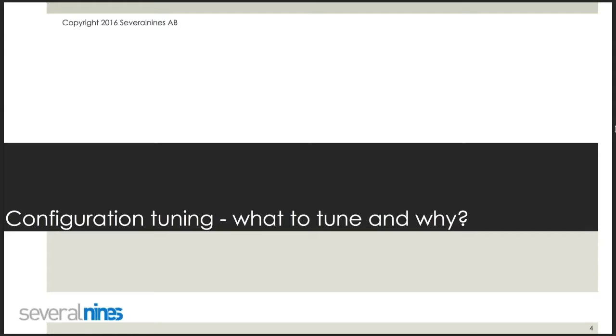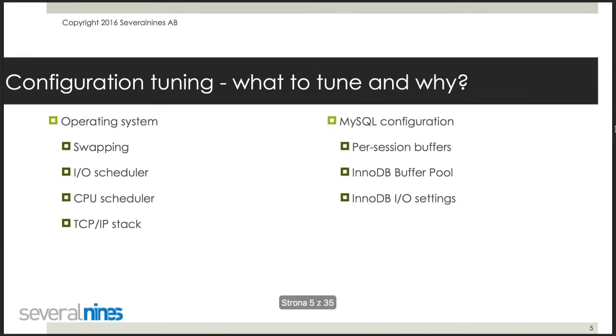Okay, so I'll be talking about configuration tuning. The question is what to tune and why to tune, right? On a general level, there are two things that we might want to tune. That's MySQL configuration, obviously: different types of buffers, the buffer pool, some DBA settings maybe.